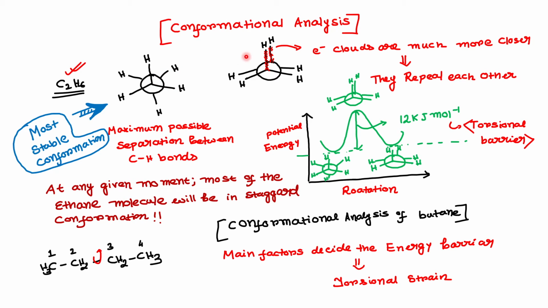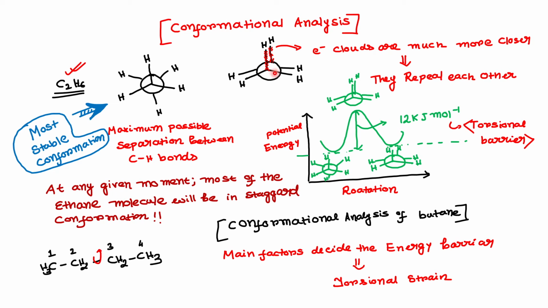On the other hand, in the eclipsed conformation, these CH bonds are very close to each other, so the electron density associated with these CH sigma bonds is also very close. There will be electronic repulsion between these electron clouds, and due to that repulsion the potential energy of the eclipsed conformation increases very much.